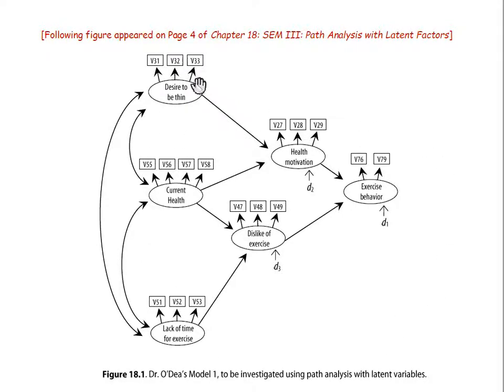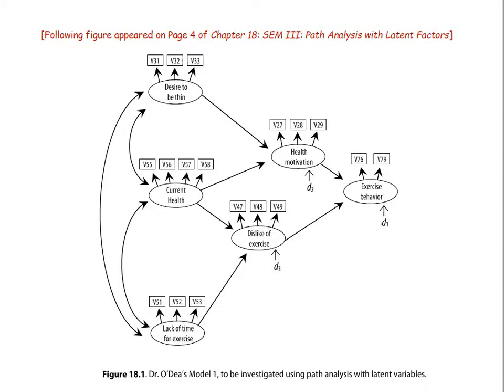When you read Chapter 18, you'll learn how to do this kind of path analysis with latent factors. But before you can do path analysis with latent factors, you first have to make sure that you're doing a good job of measuring these latent factors, and that's where the current chapter comes in. Chapter 17, Confirmatory Factor Analysis.